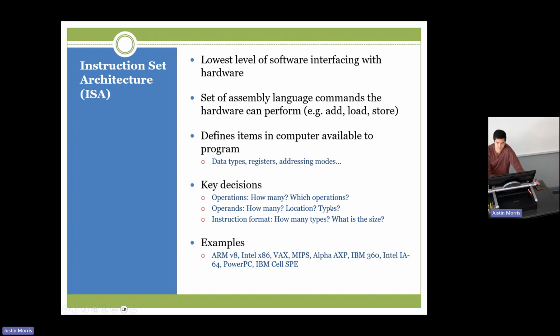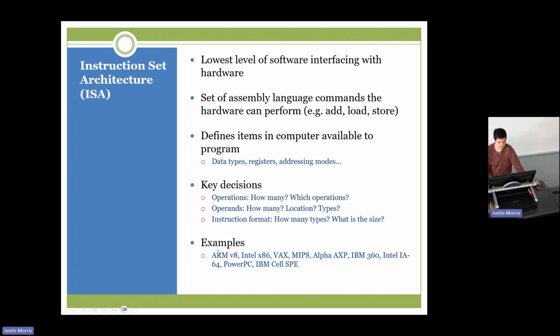Are they integer? Things like that. And then based on these things, you need to figure out what is my simplest instruction format? How can I have as few instruction types as possible? And what we find most of the time is we want them to be the same size.